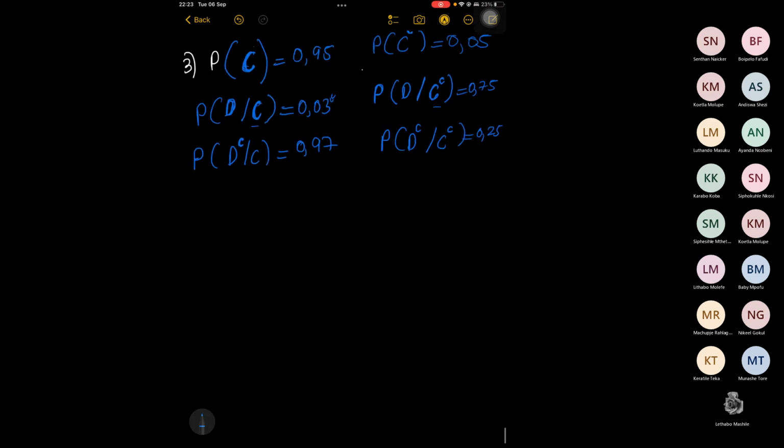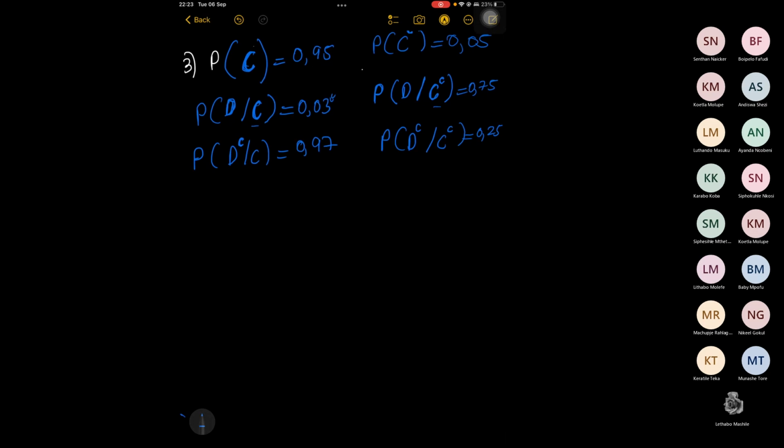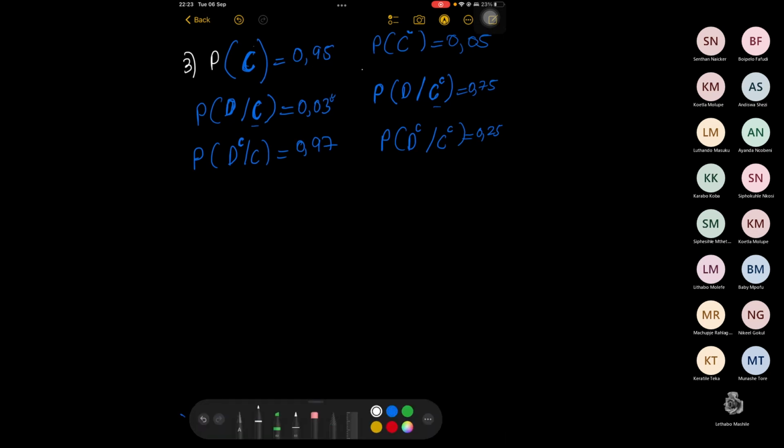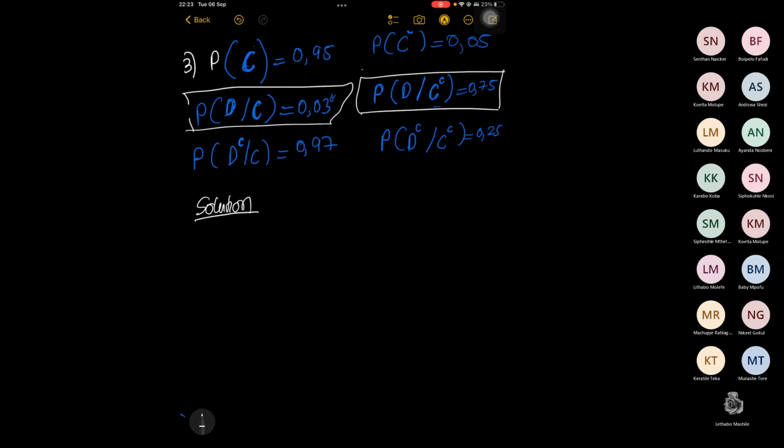So again, the moment you have this, you're good to go. The question is saying, what is the probability that a randomly selected item from a consignment of items produced on a machine is defective? So, solution: we said if it's defective, it can be defective from C or defective from C complement.